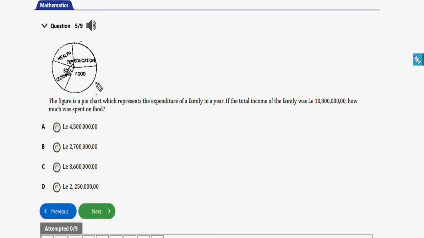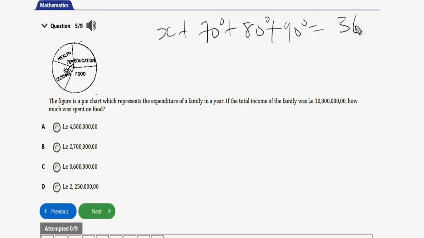Okay, so to begin to solve this, first let's get the degree allocated to food. So we have here 70 degrees. Education here is 90 degrees. Then here we have, I think I'm saying clothing here. Clothing is 80 degrees. So to get the degree allocated to food, let's call it x. x plus 70 degrees plus 80 degrees plus 90 degrees equals the total degree, 360 degrees.